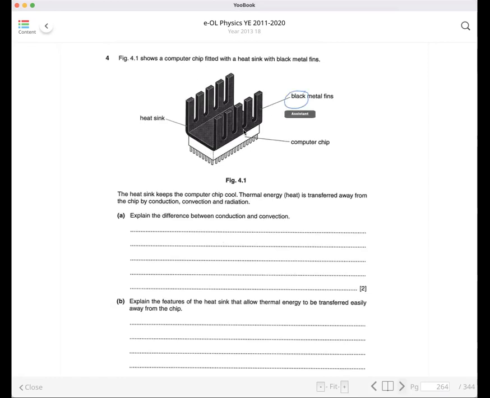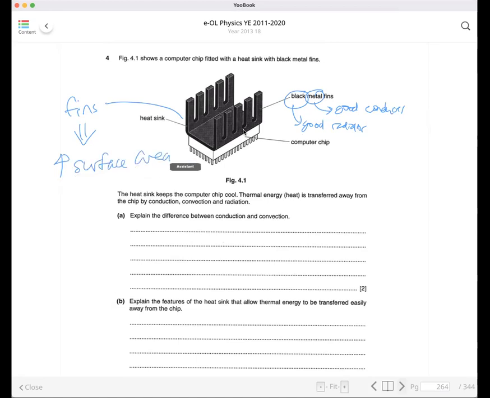First, black color. Black is a good radiator. Metal is a good conductor. Then you can see that on this thing, there are a lot of fins. The fins have an increased surface area, so it actually allows good conduction.